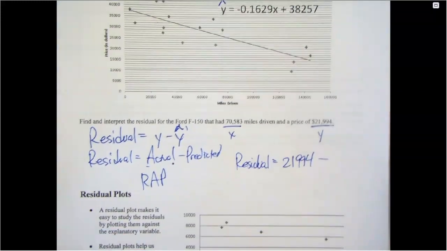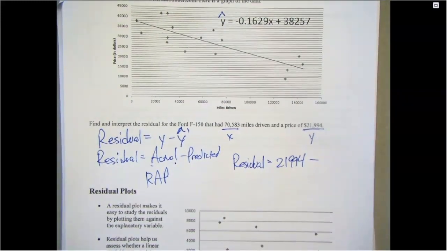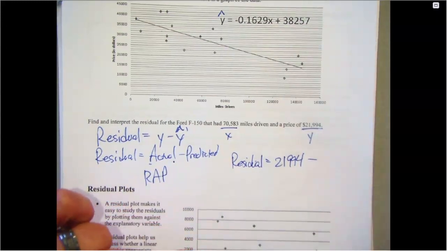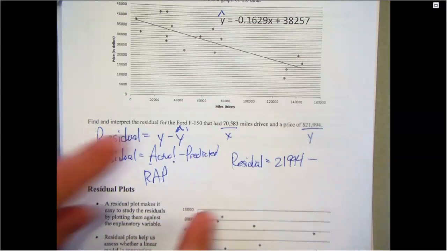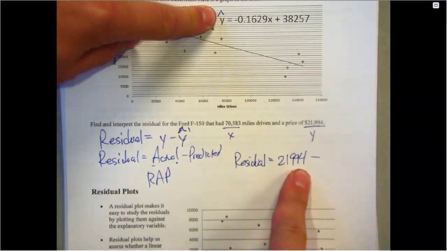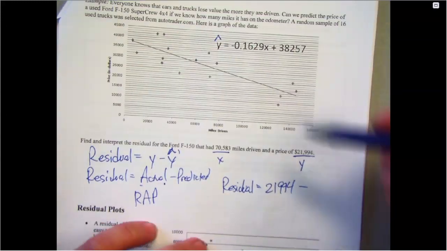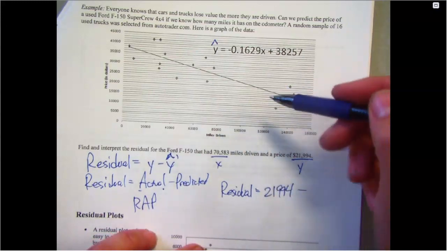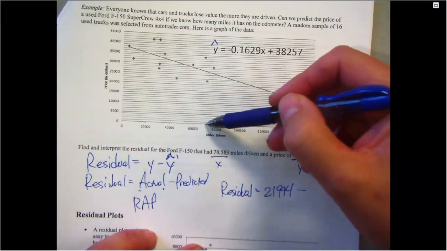Well, how do I find the predicted y value? I plug it into the equation. What do I plug into the equation? The x. I plug in x, because we think x predicts things. So I'm going to plug in x and see what the price would have been predicted to be, see what the price actually is, and find the difference. So we're looking at 70,000 miles.